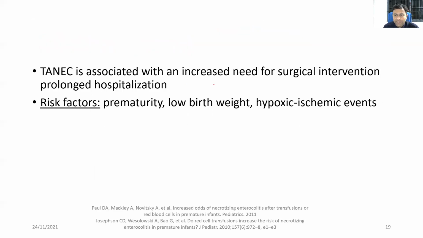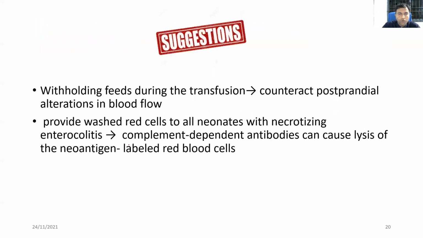So how to avoid them? TANEC is associated with an increased need for surgical intervention and prolonged hospitalization. The risk factors are prematurity, low birth weight, and hypoxic ischemic events. Suggestions for prevention are to withhold feeds during the transfusion so that it counteracts the postprandial alteration in blood flow that happens.